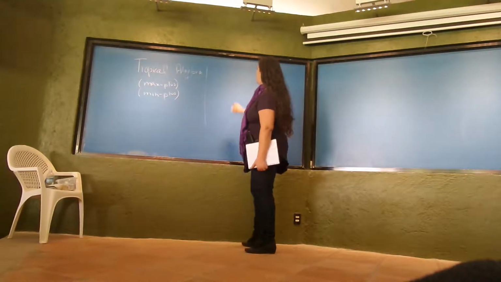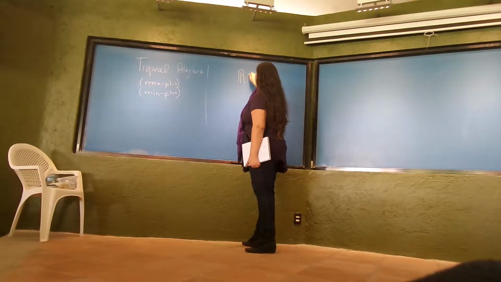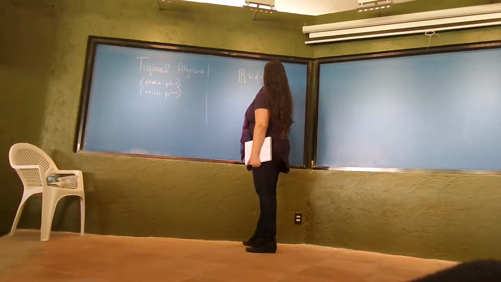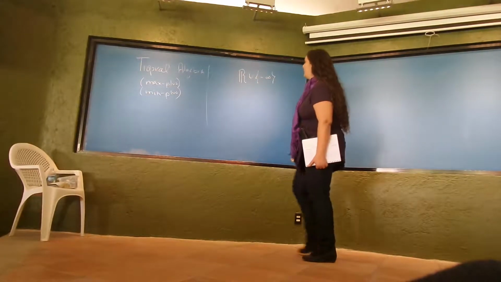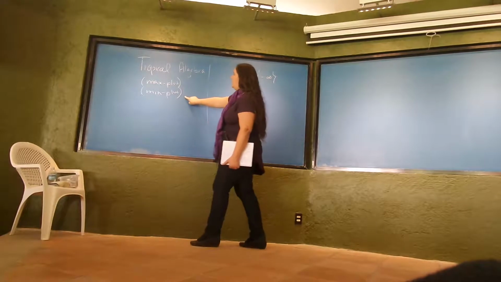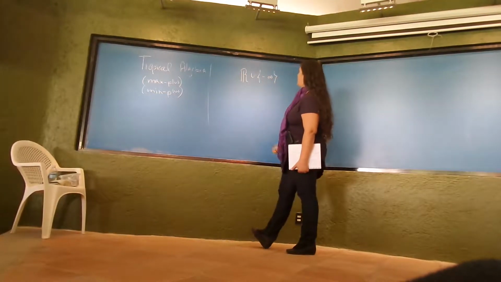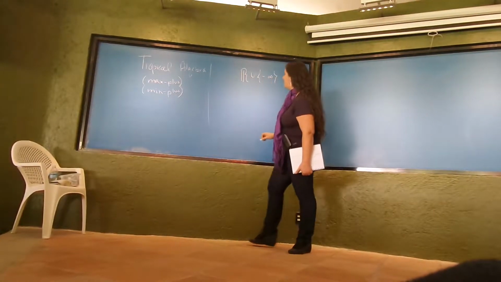And that's because the set we are going to take is R union minus infinity, in this case. And in this case, I have to put a plus instead of minus.